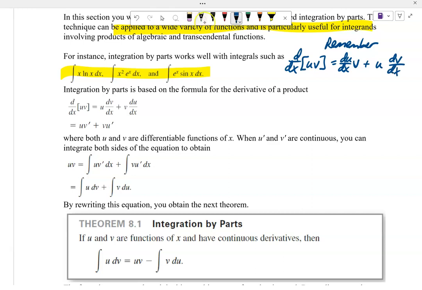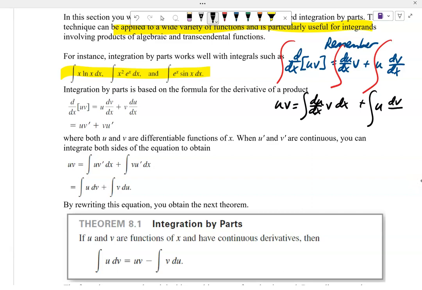Well, if we integrate this, and I'll just integrate like that here, then we would have uv equals, and I'm integrating this with respect to x. Over here, I'm integrating this with respect to x.